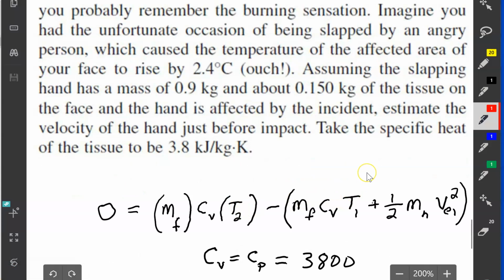Okay, so basically you have everything that you need. You're given the masses, and you're given the temperatures. Now, if you notice, there are 2 temperatures, but you're only given a temperature rise. So what are you going to do about the 2 temperatures? Give that some thought and pause the video.